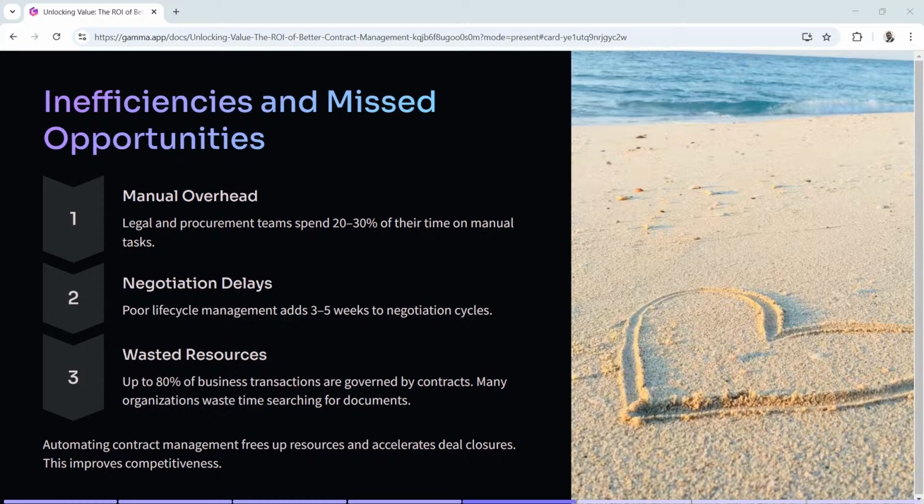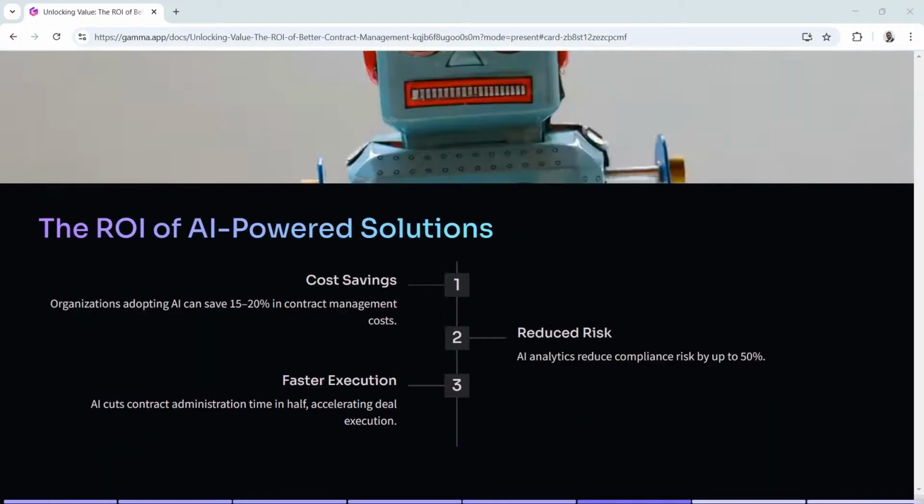The wasted resources: 80% of business transactions are governed by a contract, and therefore increasing your efficiency on contract management is going to be key. Studies show that organizations that have a very well-managed system for contracts can save anywhere between 15 and 20% in their contract management lifecycle.